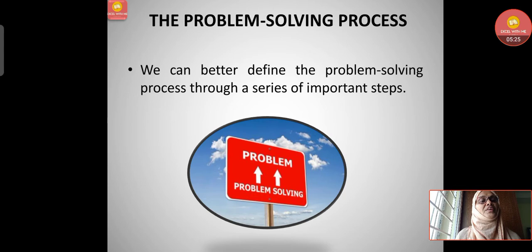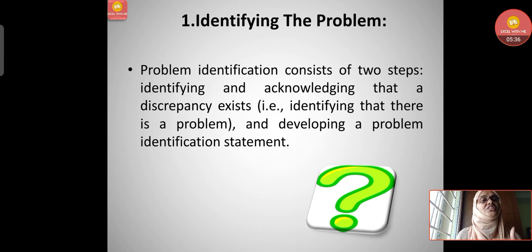The problem solving process. What is the problem solving process? Let's understand. We can better define the problem solving process through a series of important steps. Now the first step is identifying the problem. The problem identification consists of two steps. Number one, identifying, and two, acknowledging that a discrepancy exists. First, identifying the discrepancy and acknowledging, yes, some discrepancy is there.